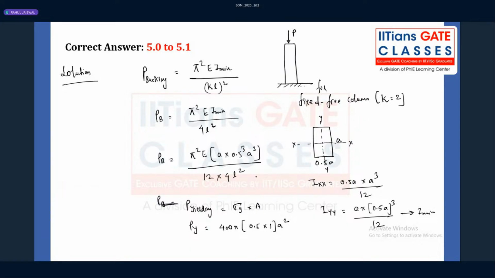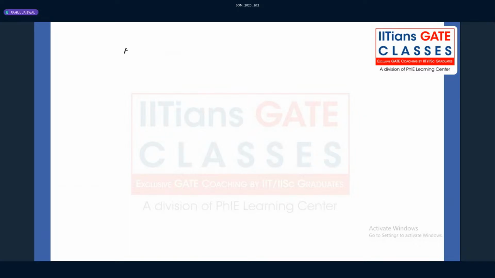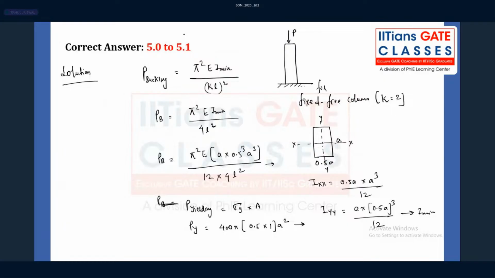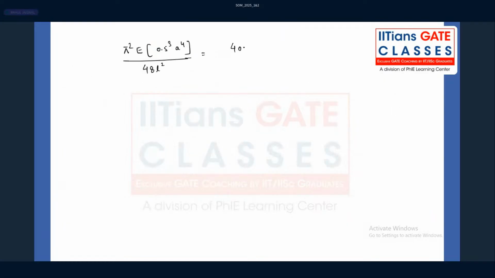Both need to be equated, this one and this one. If you equate, pi square E, I is 0.5 A power 4 by 48 L square, that is equal to 400 into 0.5 into A square.